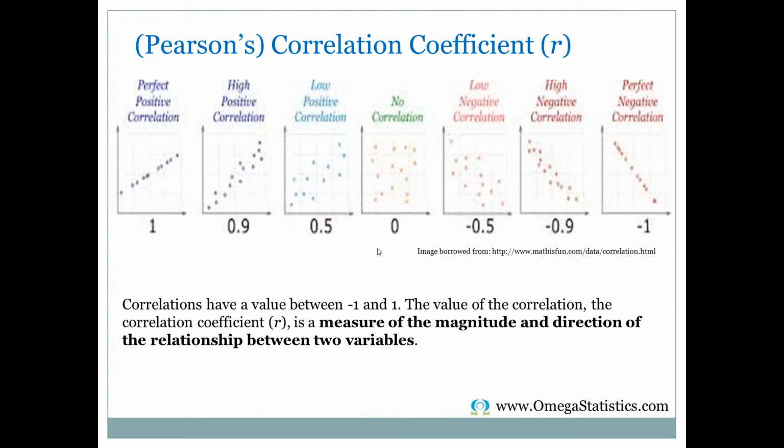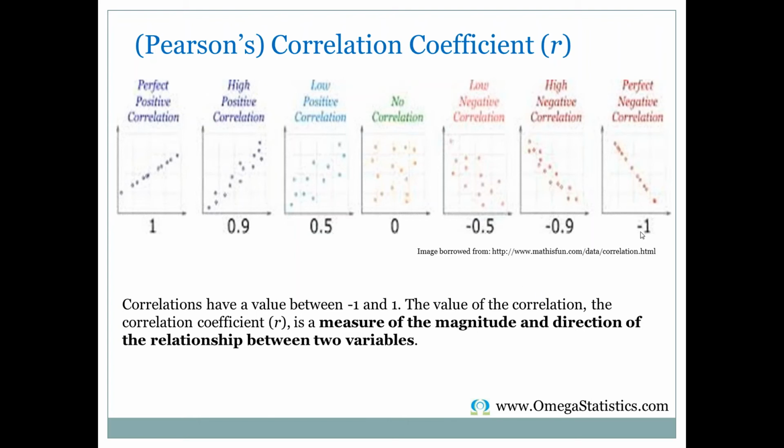Is it going up or down? I kind of wish this graphic went the other way with -1. I always like my negative numbers on the left and my positive numbers on the right. However, this is a nice graphic otherwise. It is a measure of the magnitude and the direction, how big it is and what direction it is going.